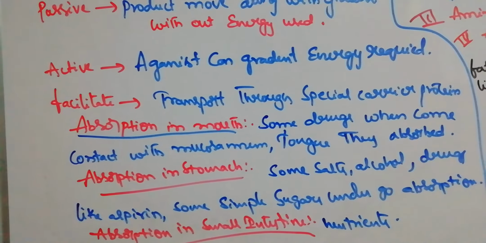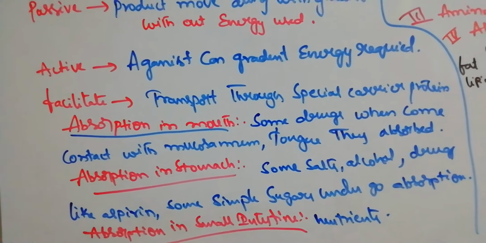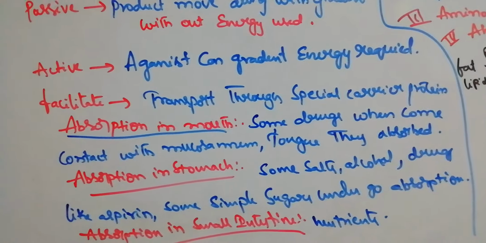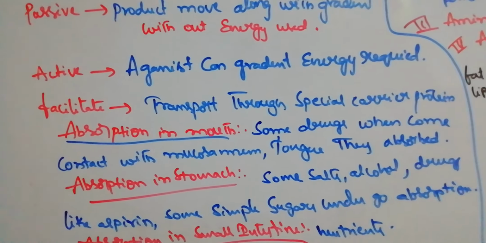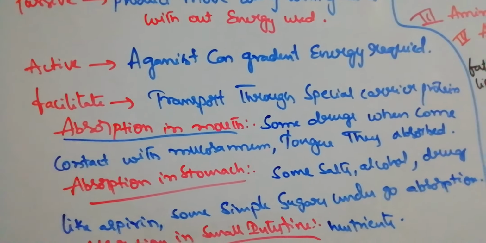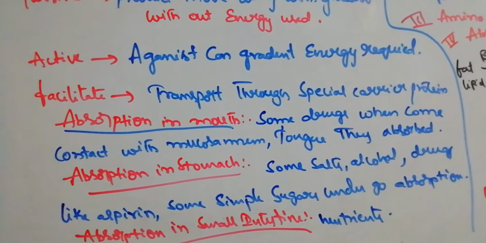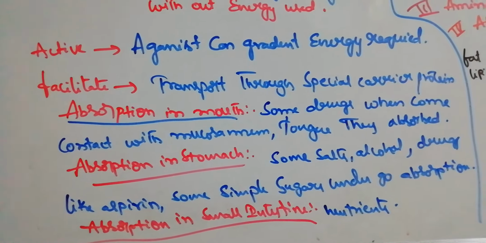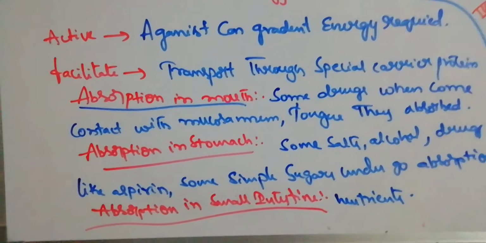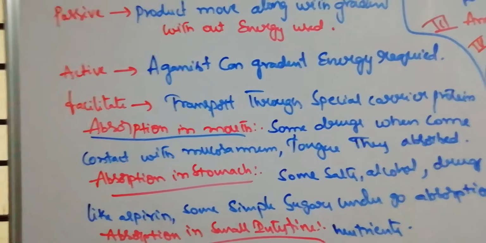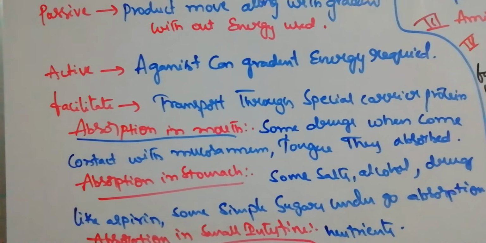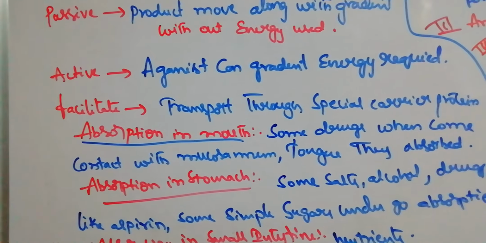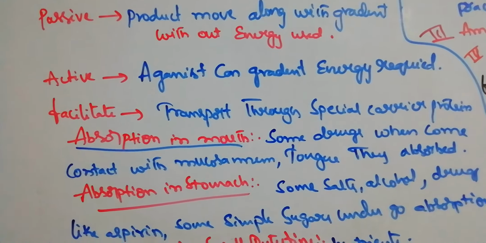Next, in the stomach, some salts, alcohol, drugs like aspirin, and simple sugars are directly absorbed from the stomach wall. In the small intestine, whatever nutrients are digested are absorbed. In the large intestine, a very small amount of vitamins and water are absorbed.